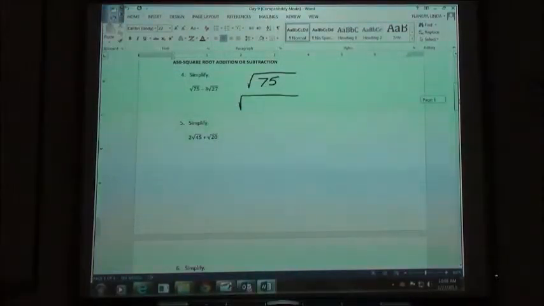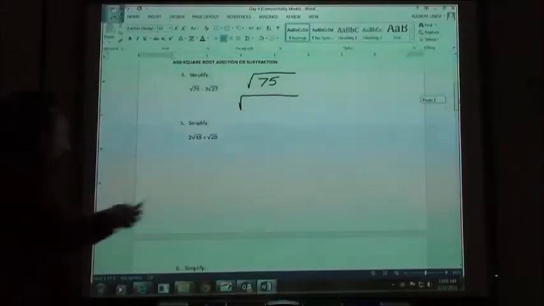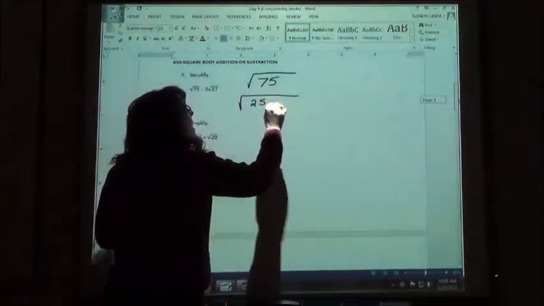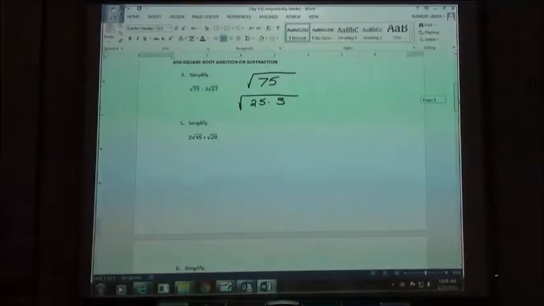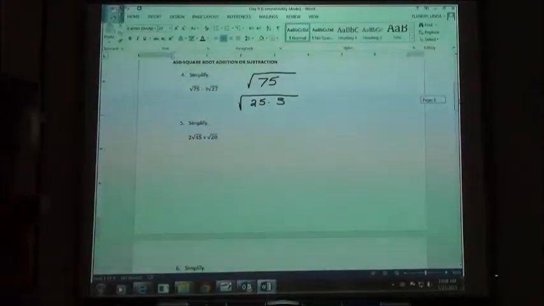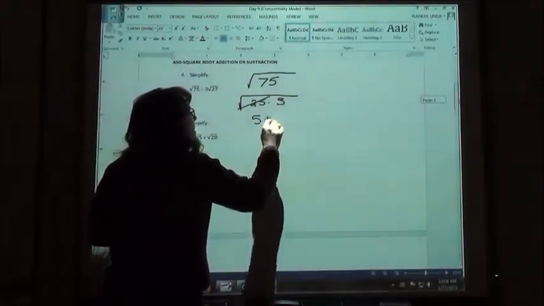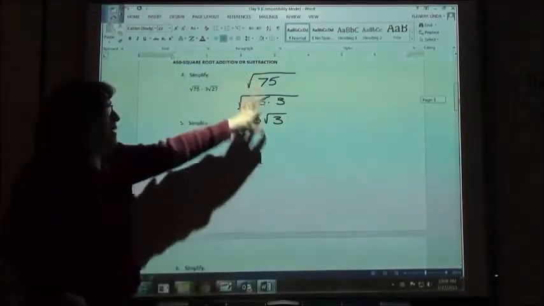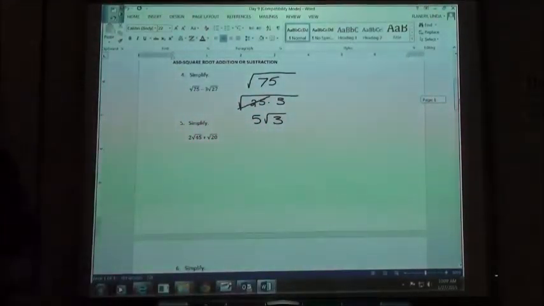What number that's a perfect square divides evenly into 75? I would say 5. Okay, but 5's not a perfect square. I mean 25. That's what I'd say, 25, exactly. So 75 is 25 times 3, right? Then we can do the square root of 25, which is 5, and I get 5 square root of 3. That one's simplified as much as we can simplify it.